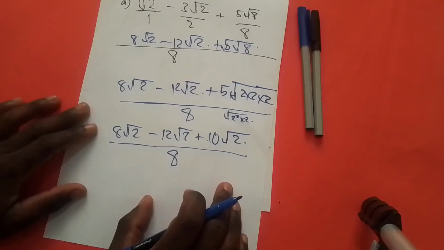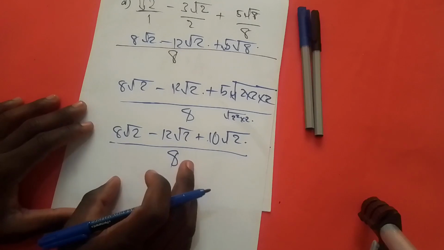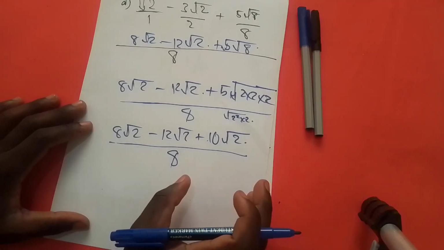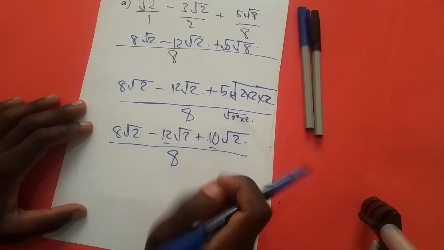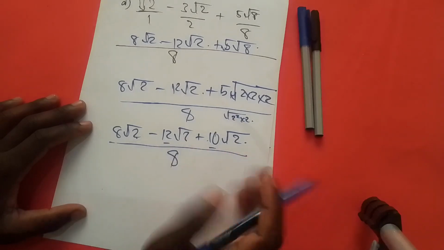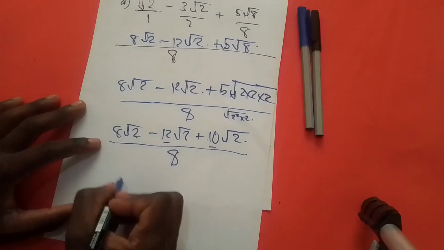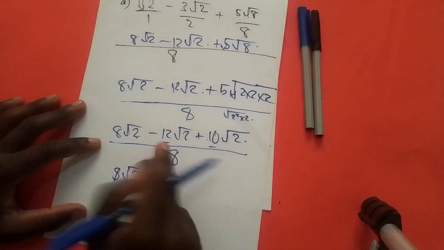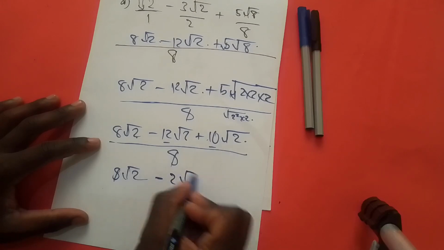So therefore, negative 12 plus 10. I showed you earlier when I was showing you the rules of dealing with surds, right? We are just going to work with the numbers that are outside the root signs, since the numbers in the root signs are the same. We have root 2, root 2, root 2. So negative 12 plus 10 is equal to what? Negative 2 root 2.